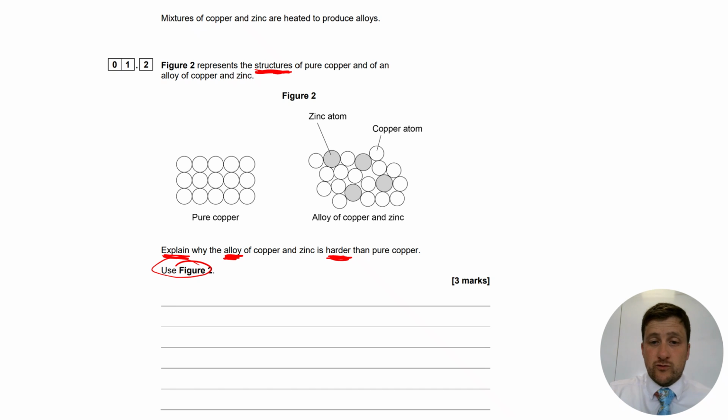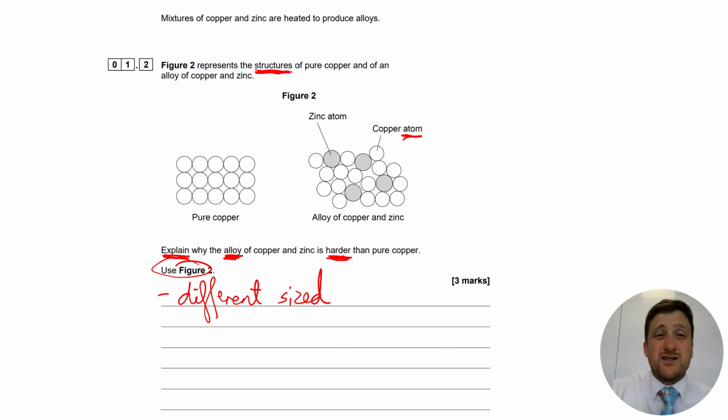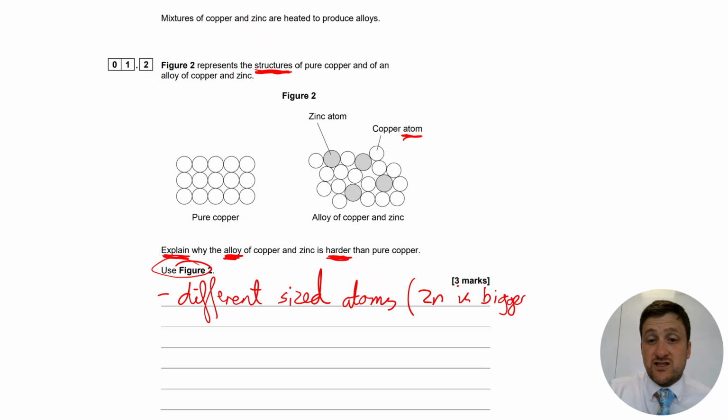So what we're going to start with, well, for me, when we talk about alloys, we always say different sized atoms. And they have used the term atom, so we're going to use atom as well. We sometimes say ions, and that's fine as well, but they've used the word atom, so we can use atom. And we can go into a bit more detail if we want to. We can say zinc is bigger than copper, because we can see from figure 2 that it is actually bigger.